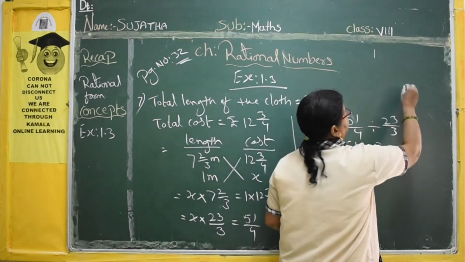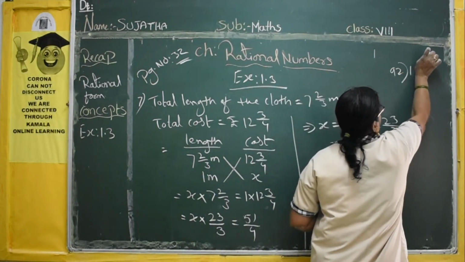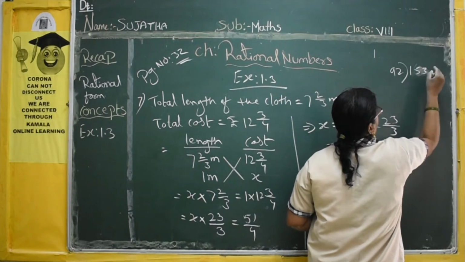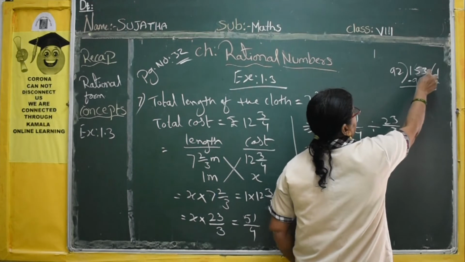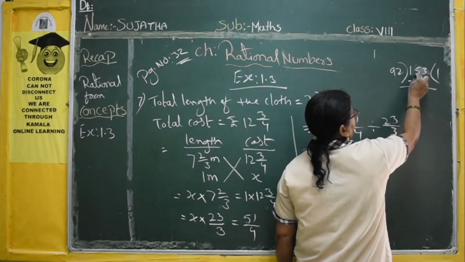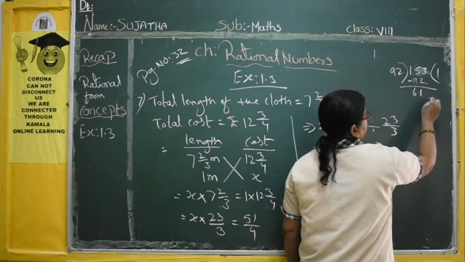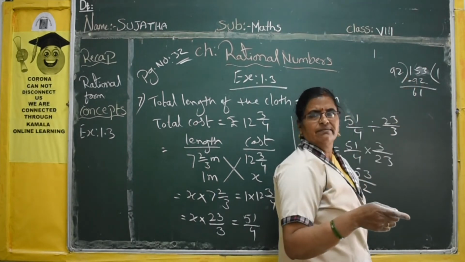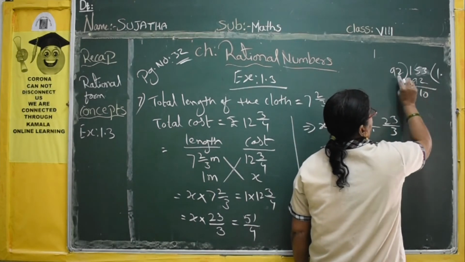Then you have to change into mixed fraction. Divide it. 153. Now 92 ones are 92. 3 minus 2, 1. Here 15 minus 9, 6. In the 92 table, 61 will not come, no. Put 0 here, put point 0. Here point.